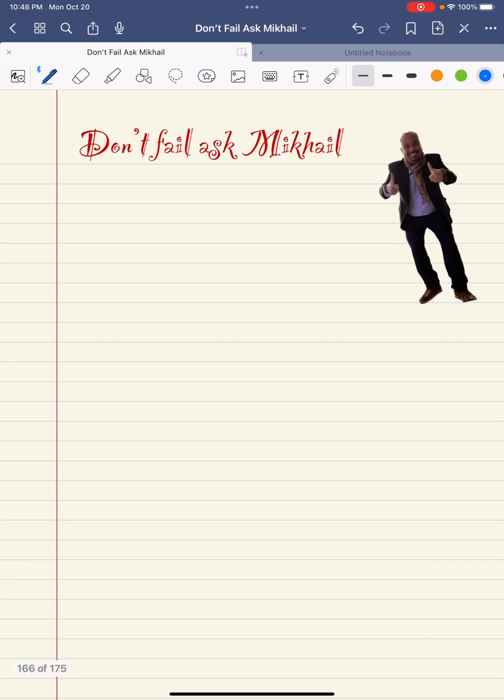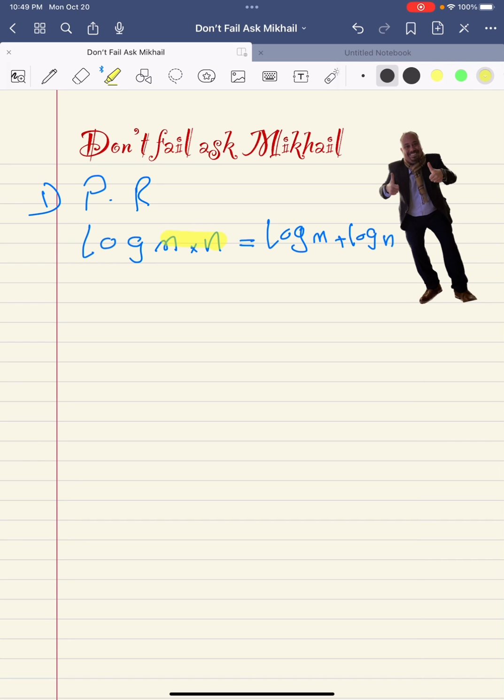The first property that we need to be aware of, number one, is called the product rule. The product rule is when you have log of m times n, equal to log m plus log n. If you have multiplication, to split it you change to addition.